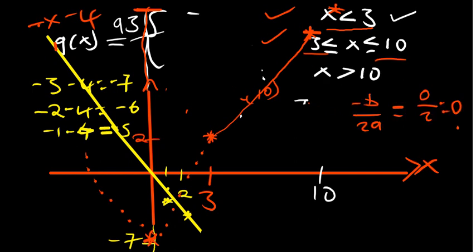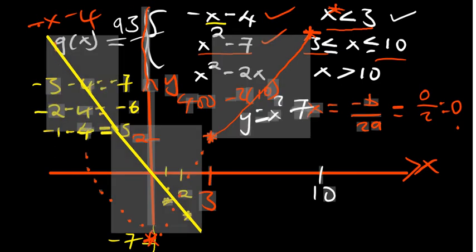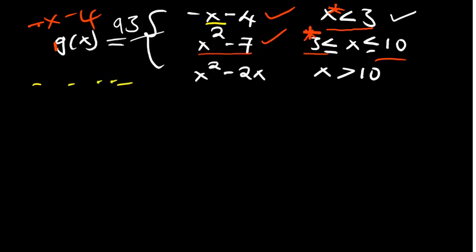Okay. So we'll start by looking at the first one. Let me just have the equations back. All right, so that's where we have our equations that are part of a piecewise function. So I'll start with the first one.